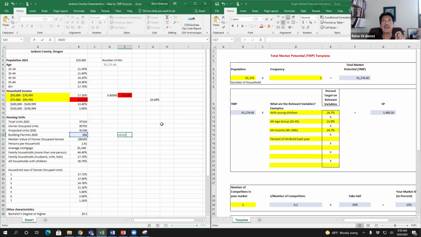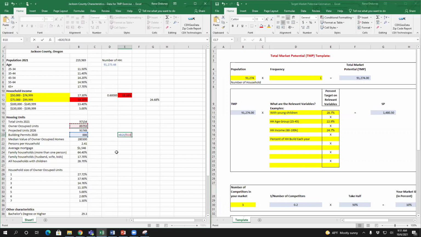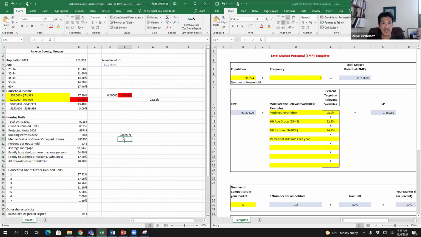Okay, if you say total units, will that include commercial? Will that include apartments? Maybe owner occupied. Oh, no, owner occupied, that's right. Okay, so let's express that as a percent.